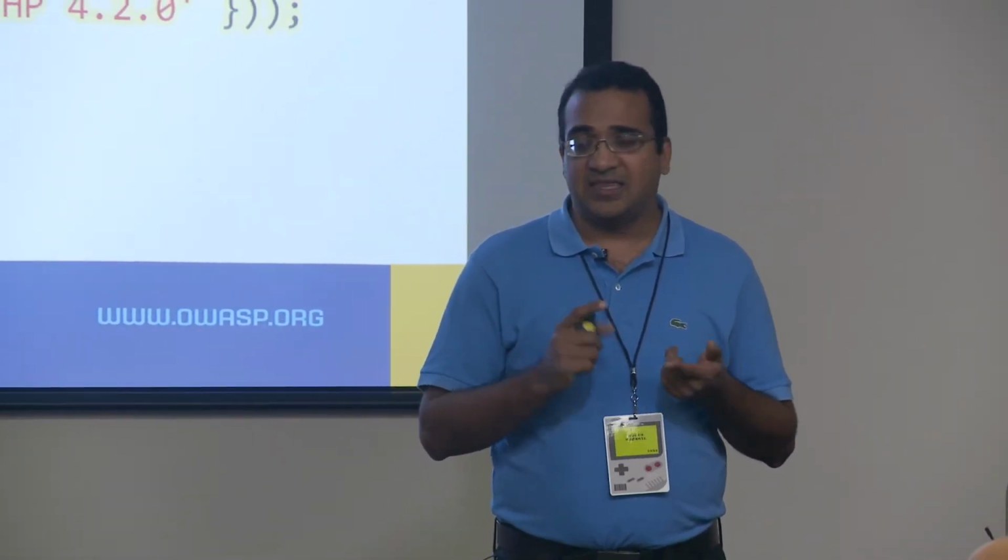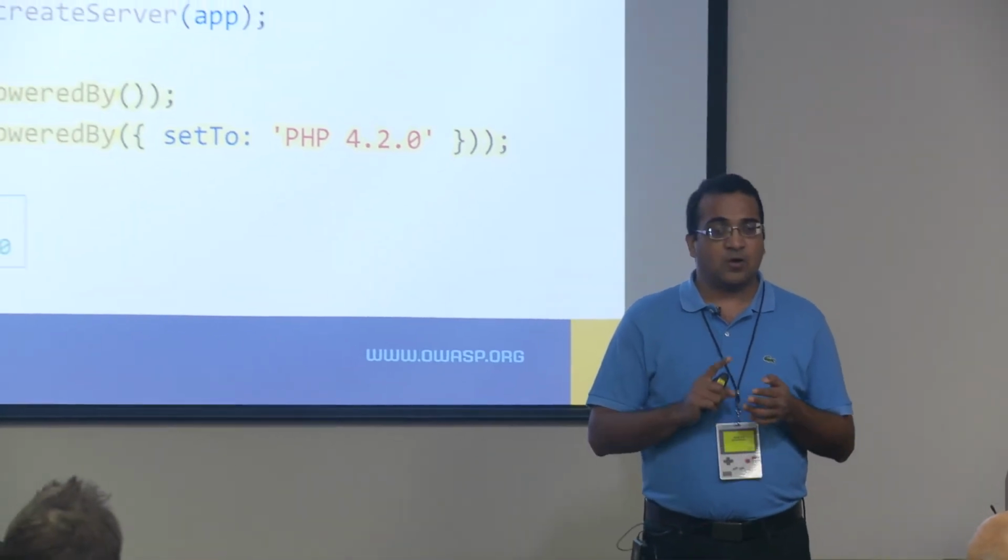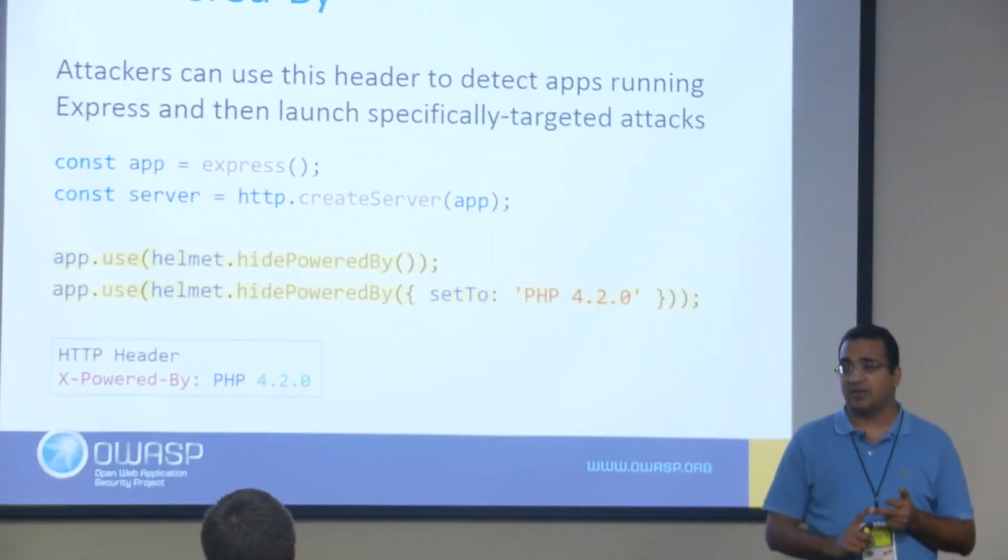Okay, the last security header that I want to talk about is X-Powered-By. So far, all the security headers that I talked about, I was saying you need to add the security header to improve the security of your application. But in this case, our suggestion is either remove the security header completely or change its default value to something else.